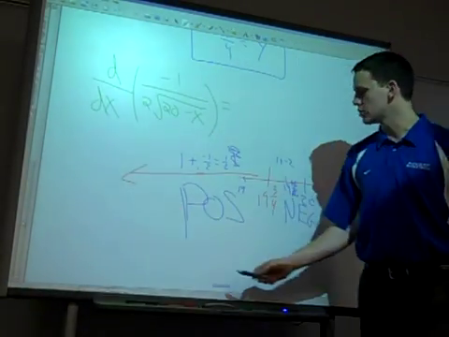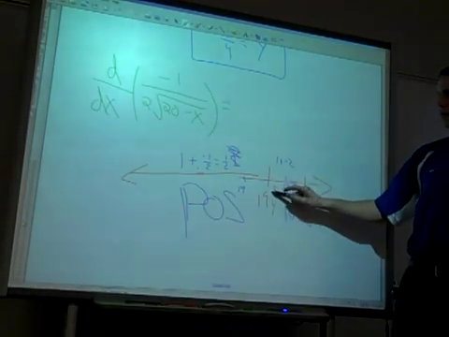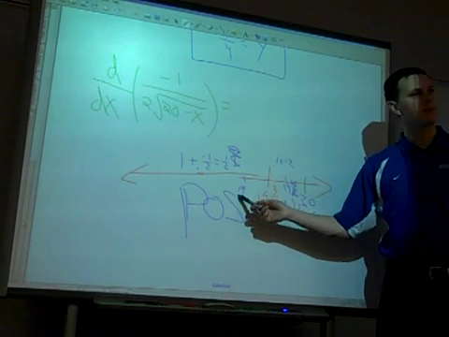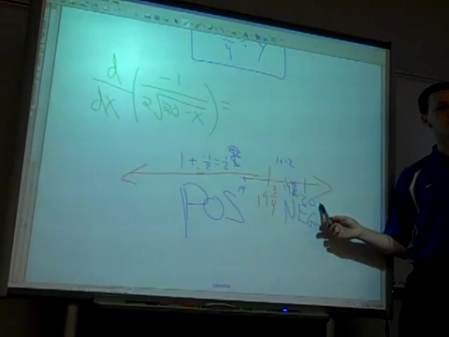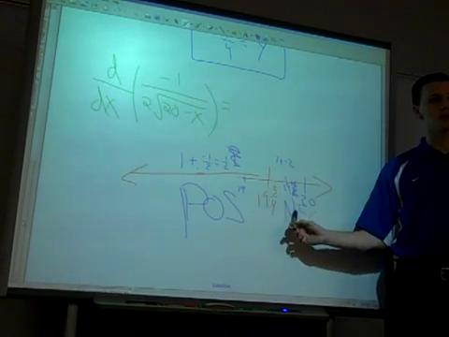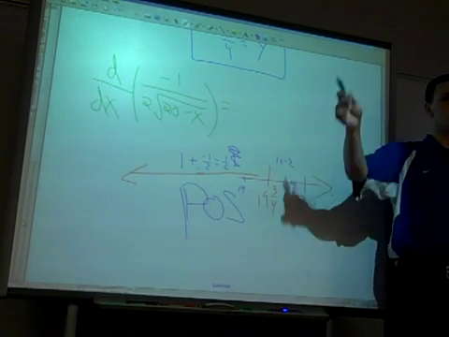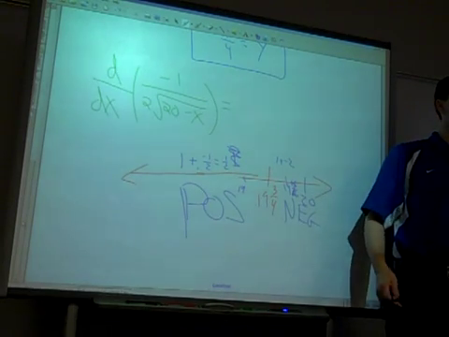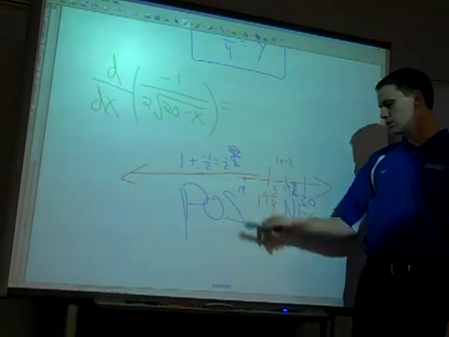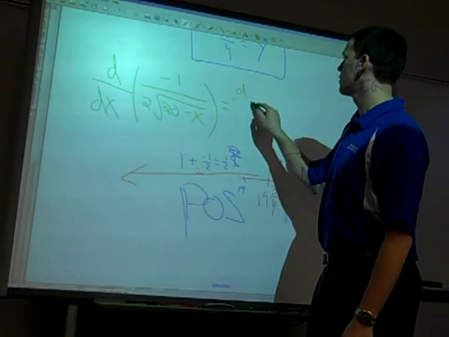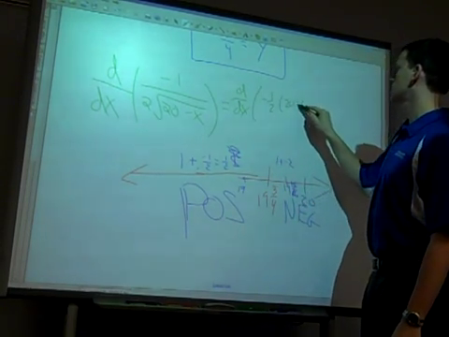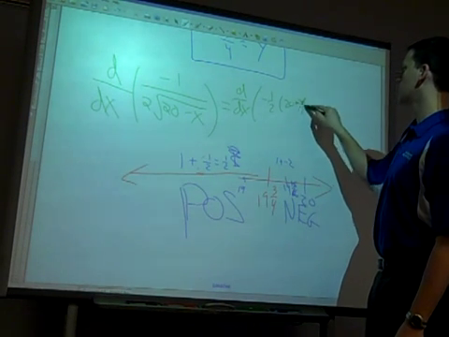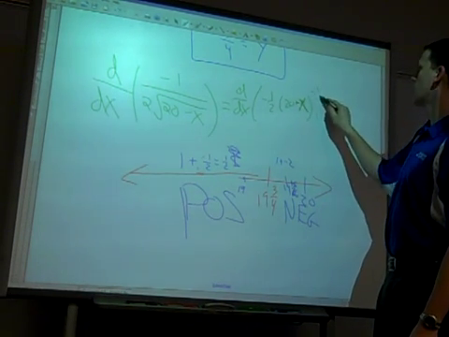Sometimes it's easier to draw a little line, draw your critical point, plug in a number to the left and a number to the right, and see if it goes from positive to negative or negative to positive. Based on that observation, you can find out if it's a minimum or maximum. Again, we could always take the derivative. That's negative 1/2 times 20 minus x to the negative 1/2.